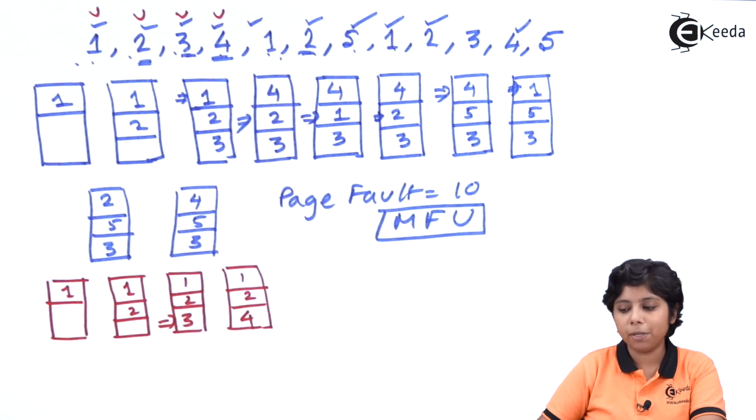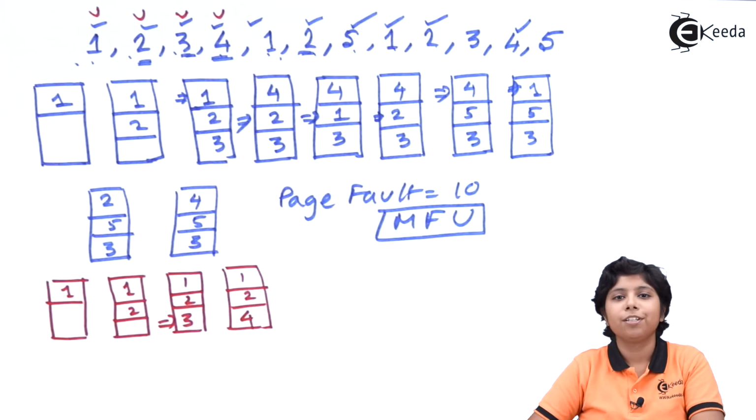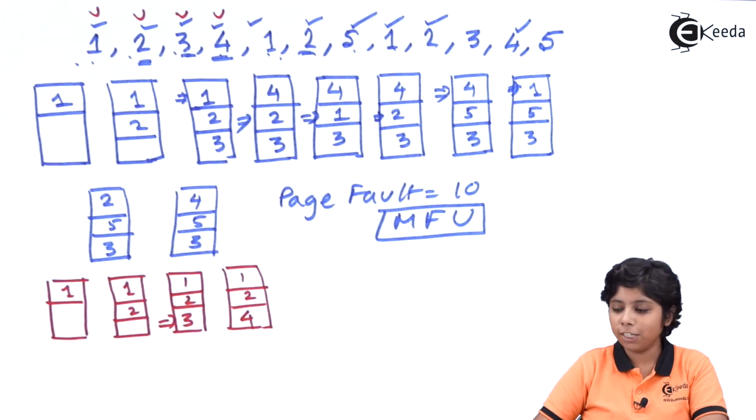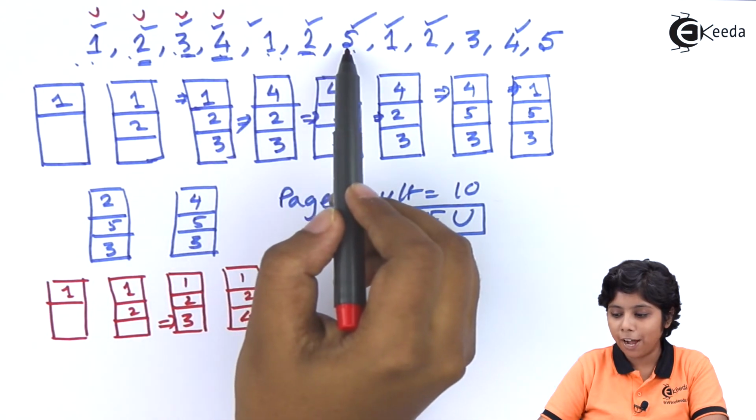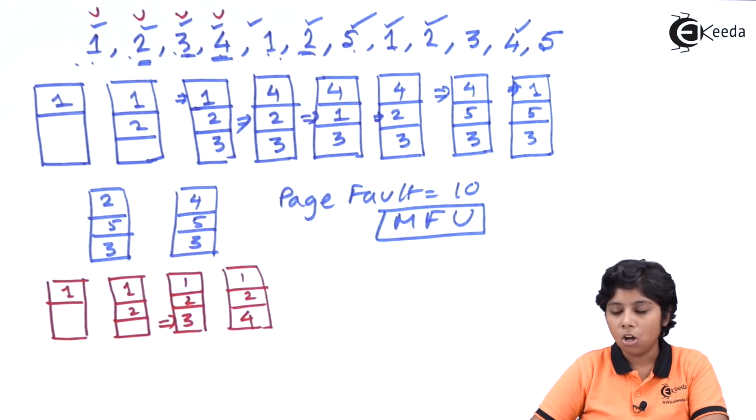Now again 2 is coming, it will also not cause a page fault. Now 5 is coming. So we will count the frequency of 1, 2 and 4. 1 is appearing 2 times before this 5, 2 is also appearing 2 times and 4 is appearing 1 time. So 4 is the least frequently used, so we will replace 4.